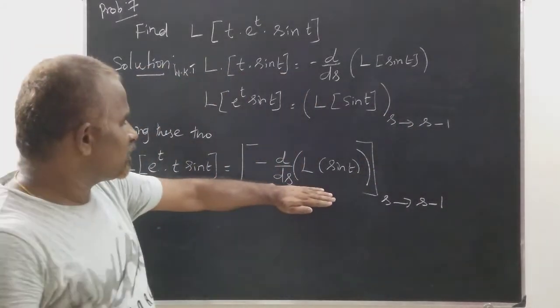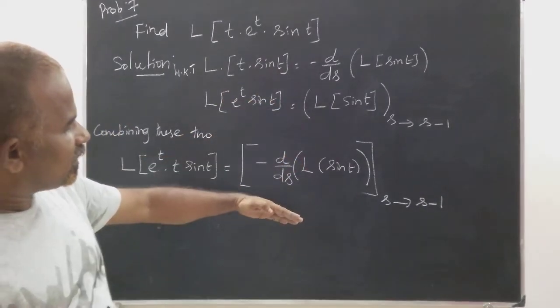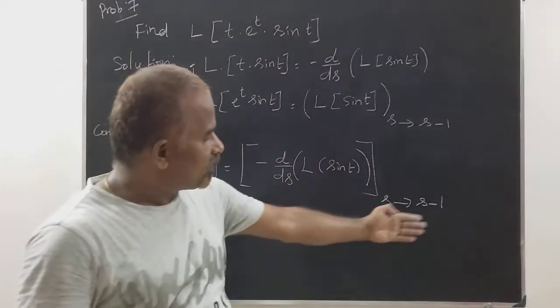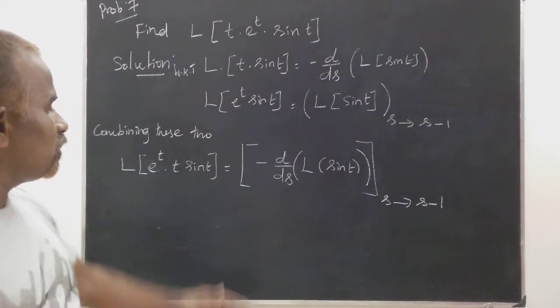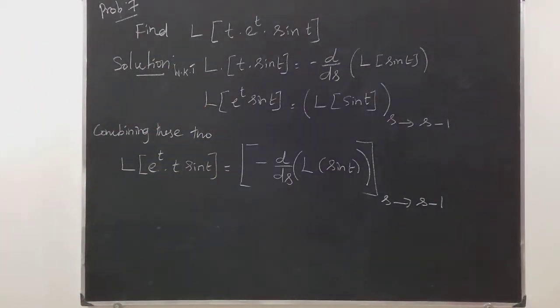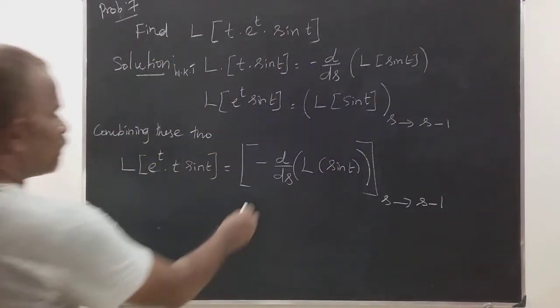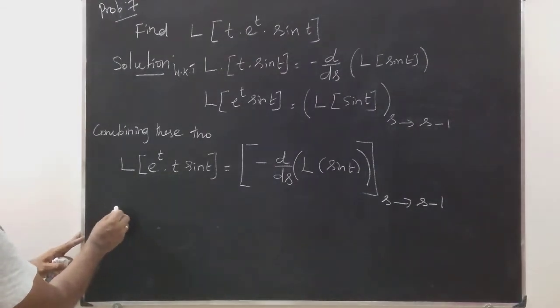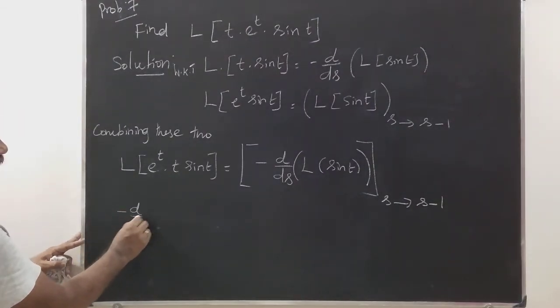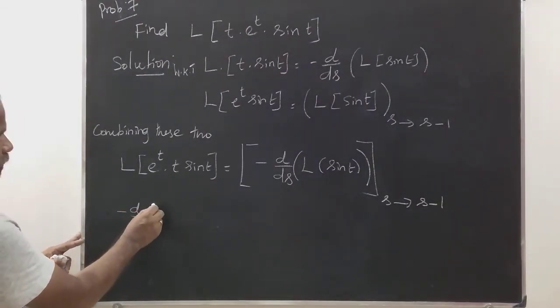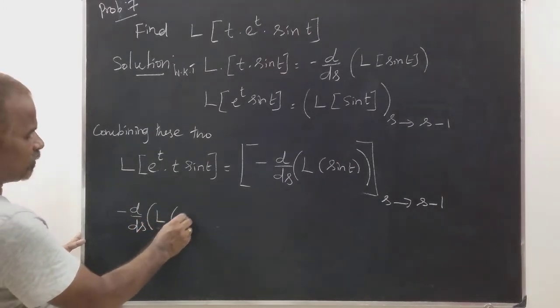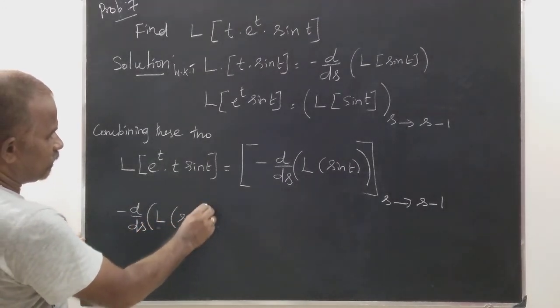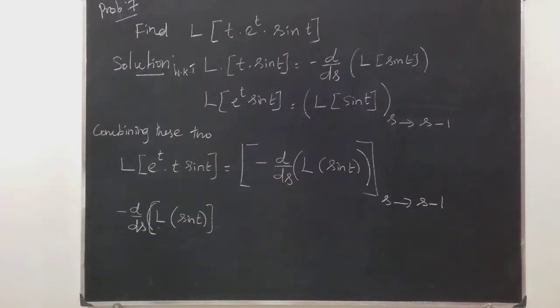First we have to do this, then after getting the result, in that result s is replaced by s minus 1, so you will be getting the required result. Okay, good. So therefore first we have to find out minus d by ds of Laplace transformation of sin t.